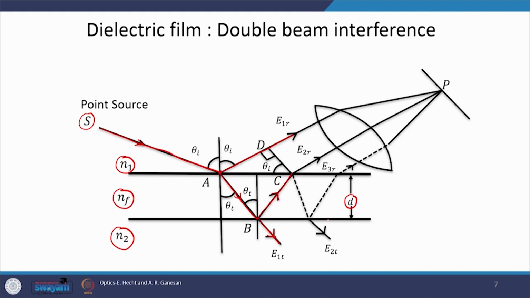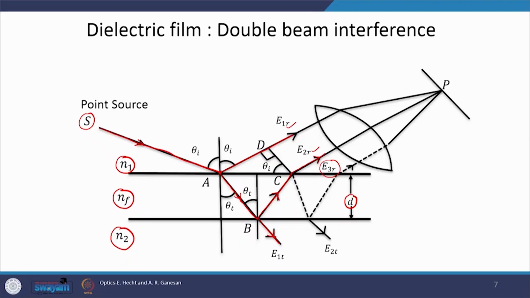Similarly, multiple transmission and reflection will happen, but in this particular case we assume that only the first two reflected rays contribute to the fringe formation, because the reflection and transmission coefficients are chosen such that further reflections and transmissions are so weak that they almost do not contribute to the effective electric field at the point of observation P.